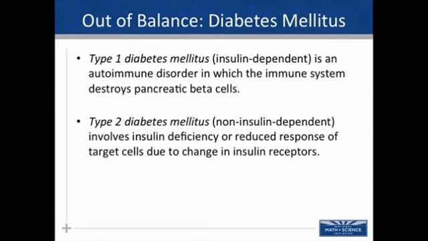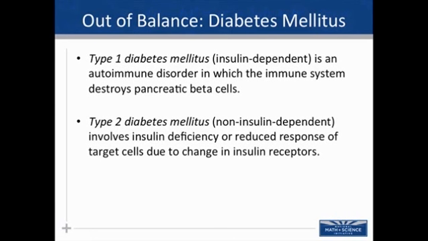Type 1 diabetes is also known as insulin-dependent diabetes. It is the result of an autoimmune disorder, and that disorder destroys pancreatic beta cells. And remember, those are the cells that go through protein synthesis and produce insulin, the hormone.